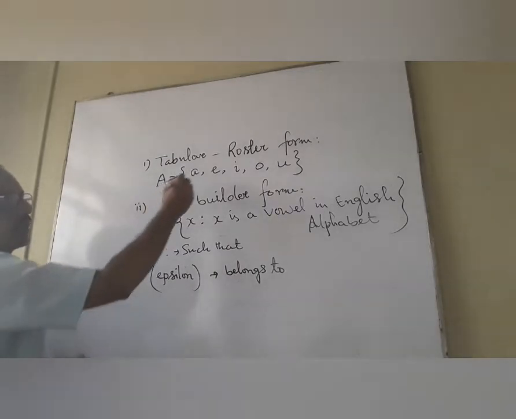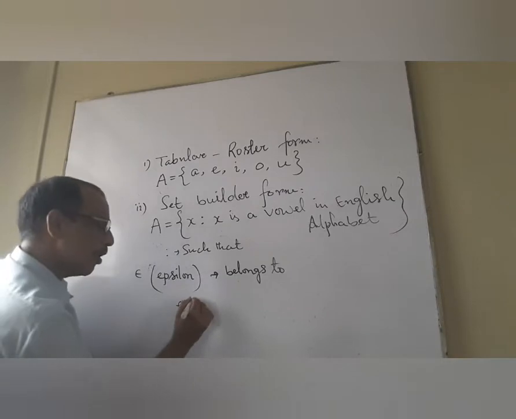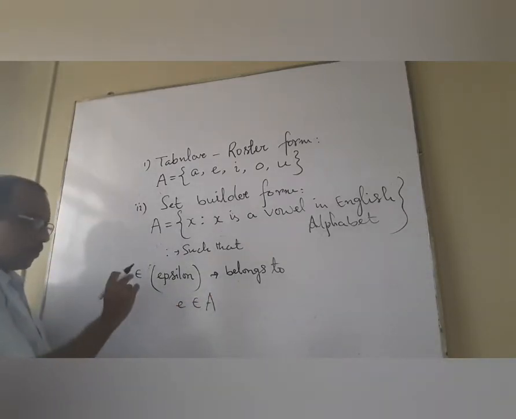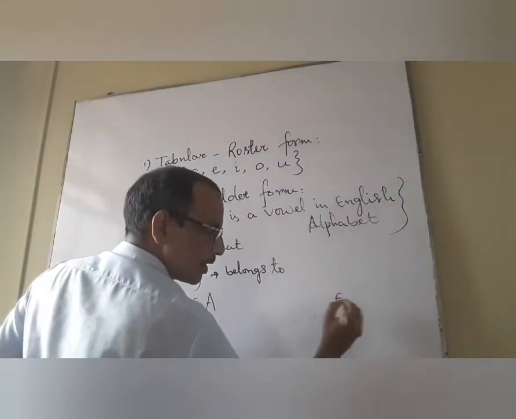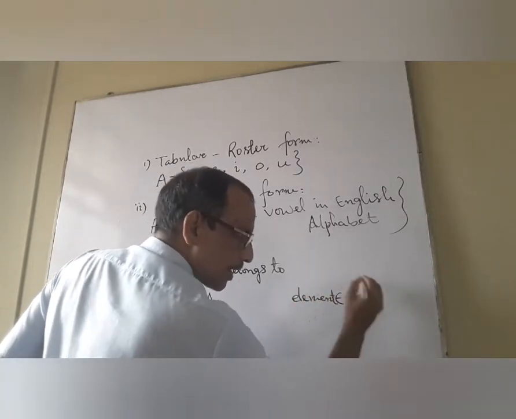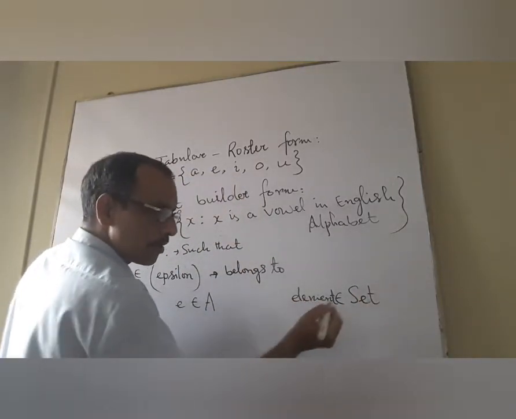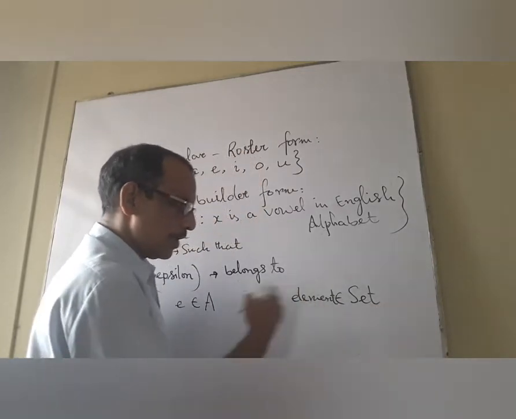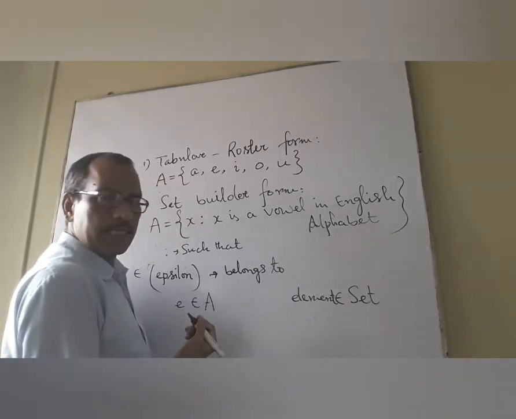That means if we write E belongs to set A, where the epsilon is used, on this side we write an element and the other side is a set. So epsilon is used between an element and a set. The element should always be on the left-hand side and the set on the right side of epsilon.